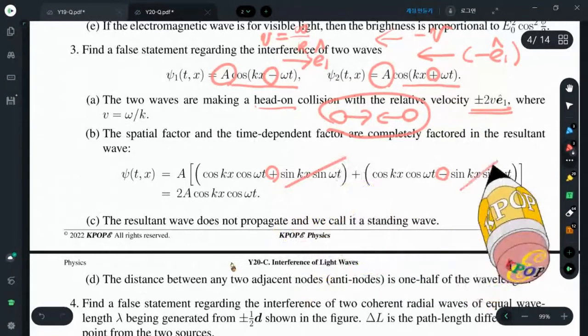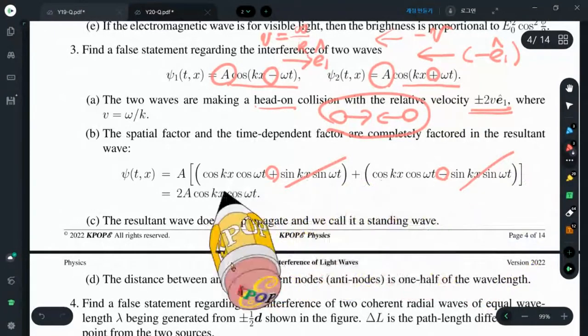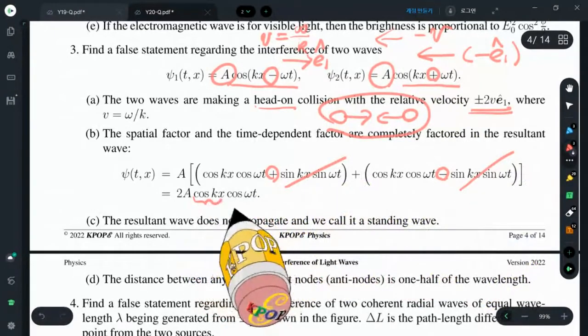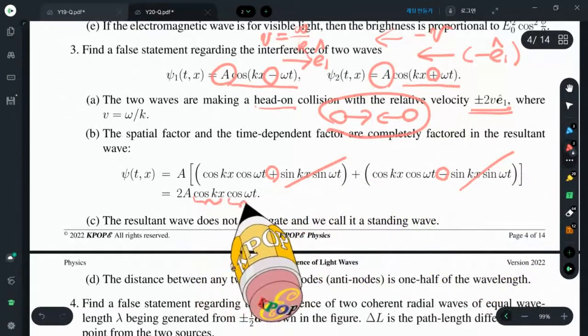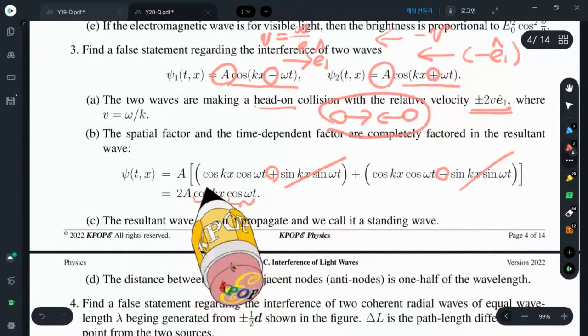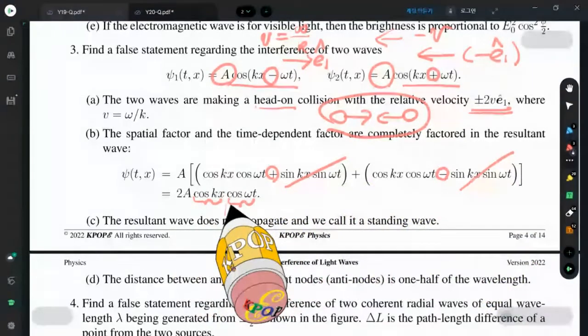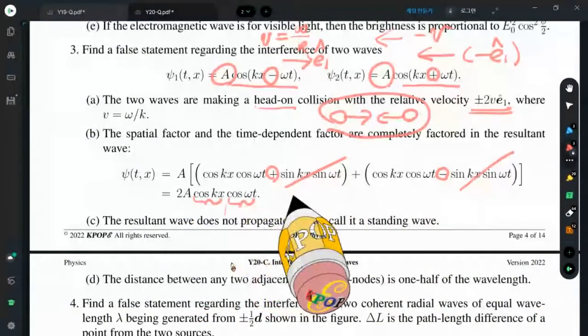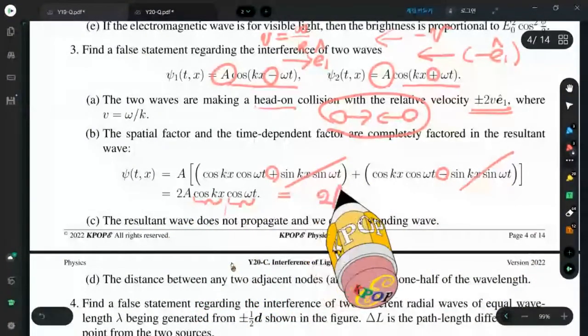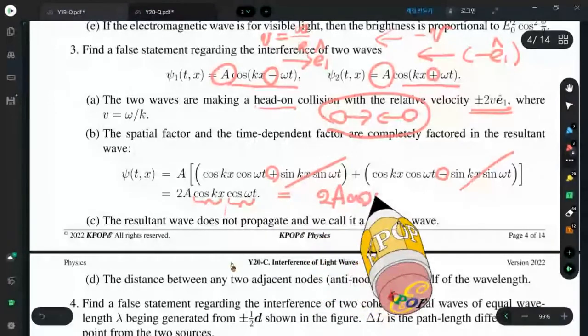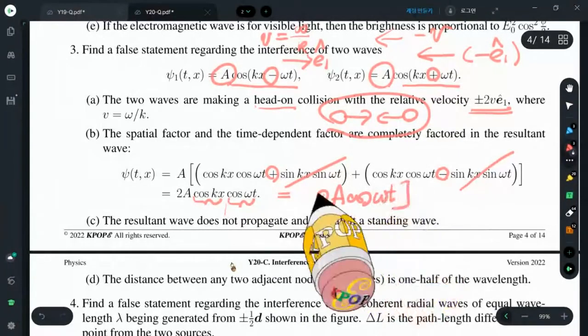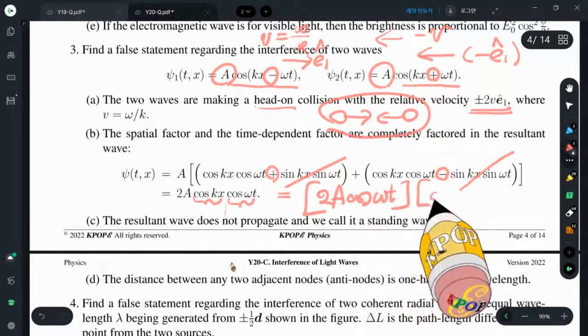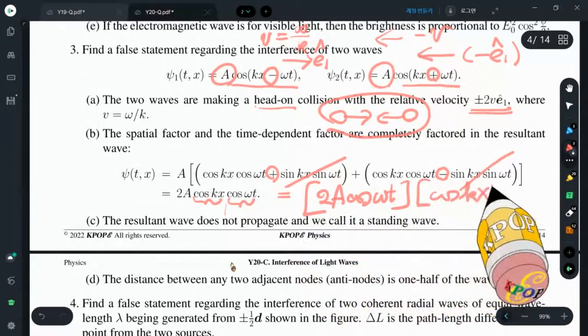They cancel. So it becomes the double, and the kx and omega t factors are completely factored. So we can write it as cosine omega t and cosine kx.